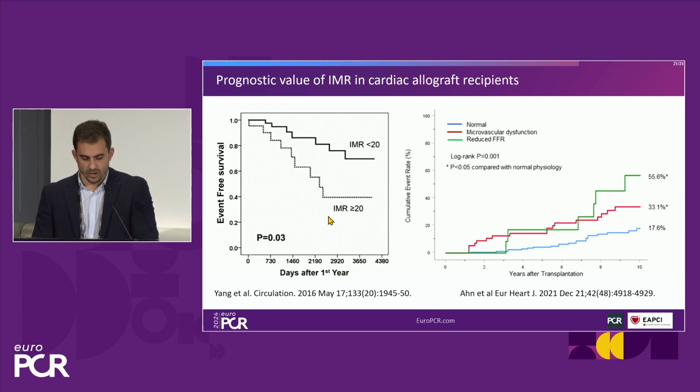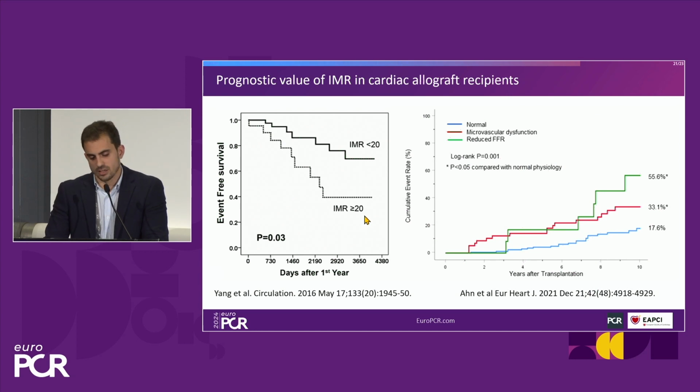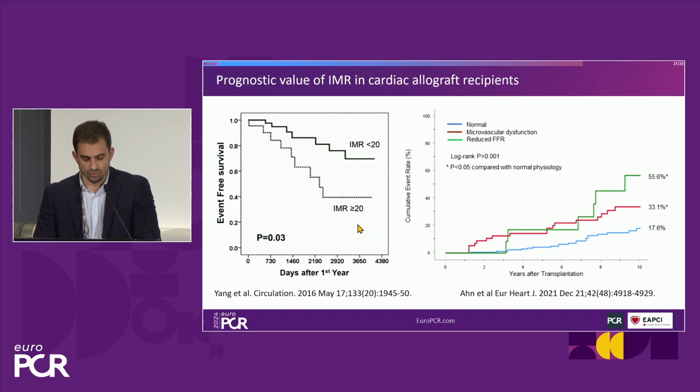From several years ago, we know that values of IMR in these patients of more than 20 relate to bad outcomes in terms of need for retransplantation and also death. And if we take a look at more contemporary cohorts, we see that having microvascular dysfunction is associated with as bad outcomes as having obstructive coronary artery disease in these patients.